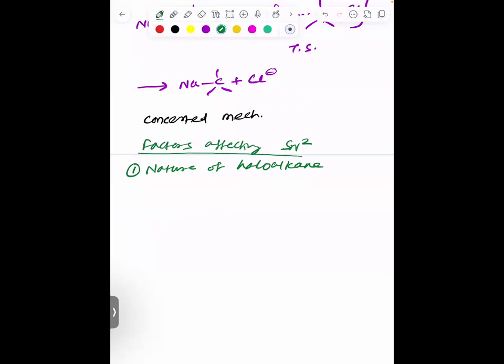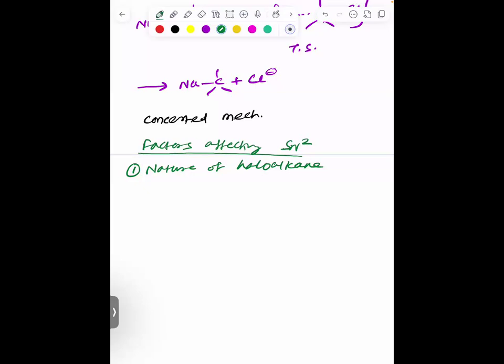Write down: steric crowding is a major factor for SN2 reaction.